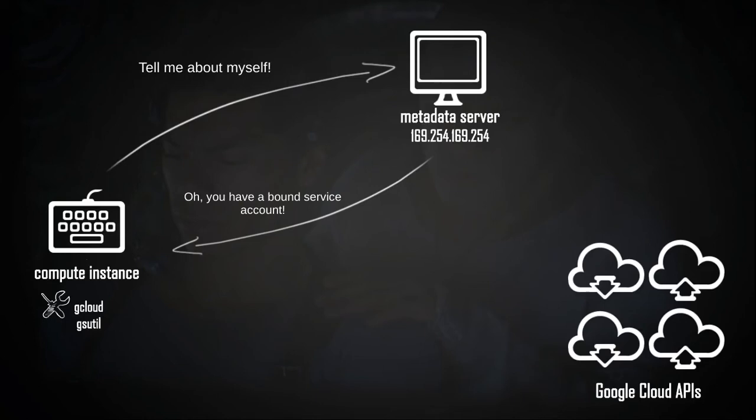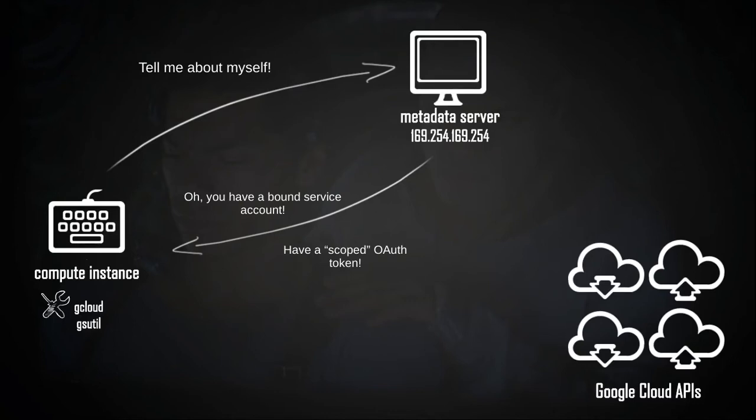So the metadata server is going to tell the gcloud command running on that compute instance that it has a service account available to it, and it's going to provide it with an OAuth token to authenticate as that service account. Now, the gcloud command does this automatically, but you could just use curl as well. Literally any process on the machine can reach out and ask for that authenticated OAuth token.